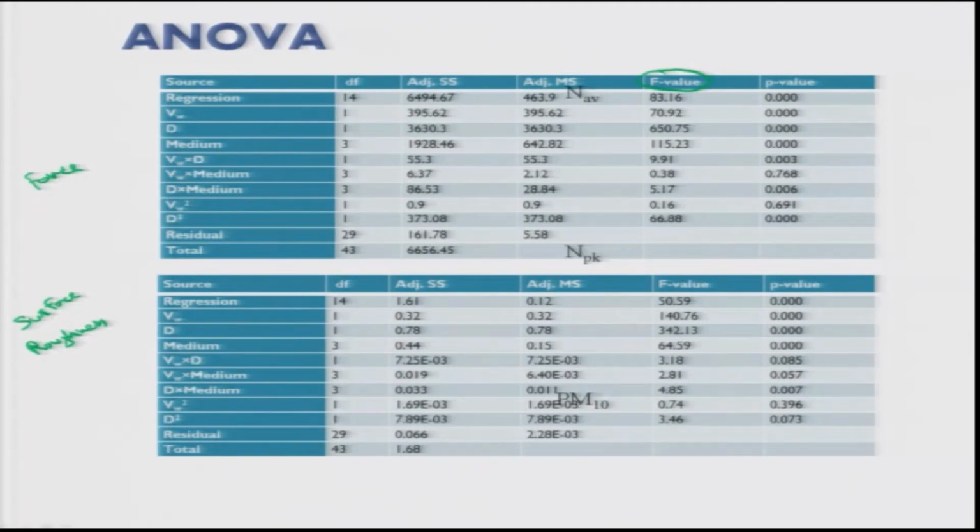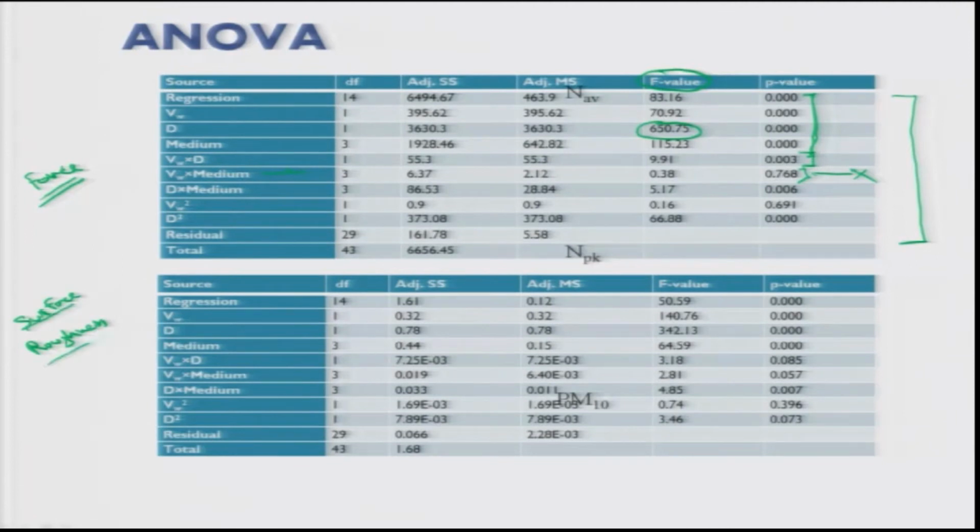In this case, this variable D, depth of cut, has maximum F value, that is it has maximum influence on my process, on the force here, and these P values are all significant till this point because these are less than 0.05, that is at 5% significance level these are significant. Some of the interactions, like this interaction, are not significant, this value is greater.